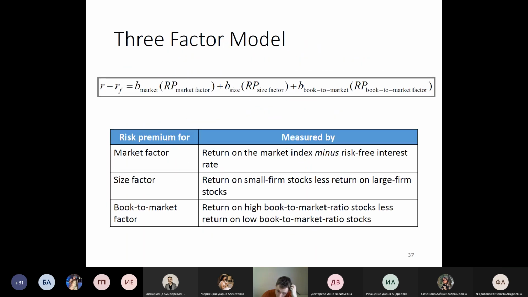There is this three-factor model, which is quite well established among arbitrage pricing theory models.